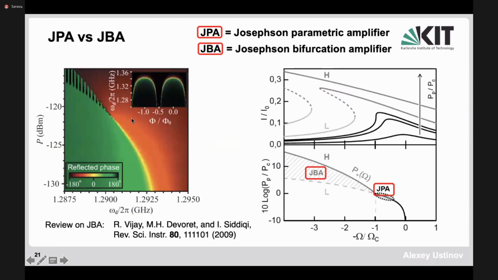But then if you do it more and more, then you have this multi-stability. That's why you have the bifurcation regime. And somewhere here, before the bifurcation regime occurs, you have a very sharp edge of the peak. And that's where the parametric amplification actually is operating.